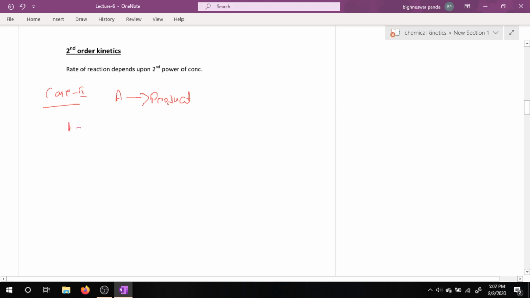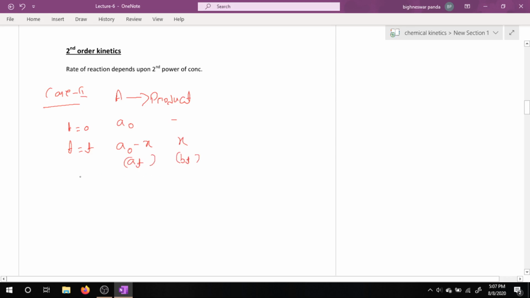When time t is equal to 0, it has initial concentration a naught. At time t is equal to t, at is equal to a naught minus x and bt is equal to x.